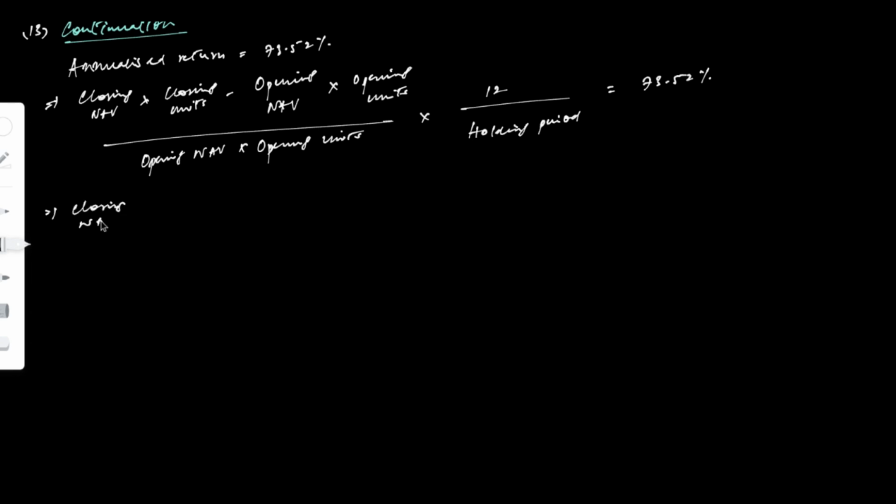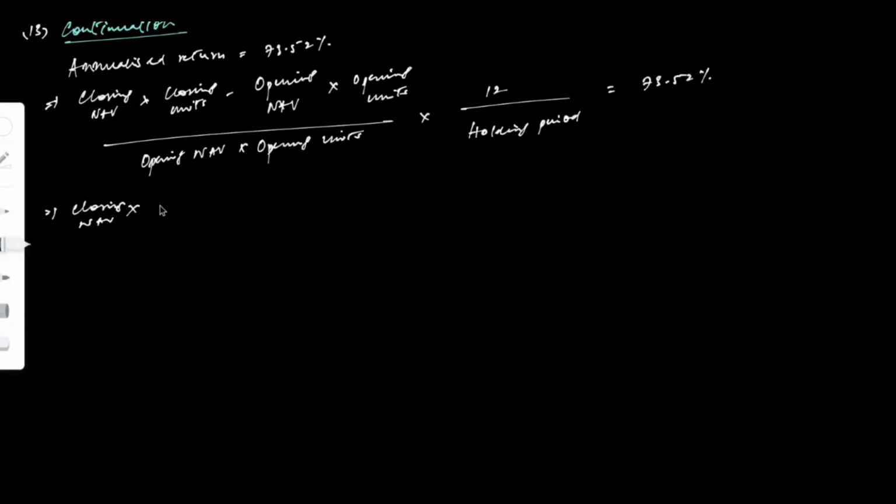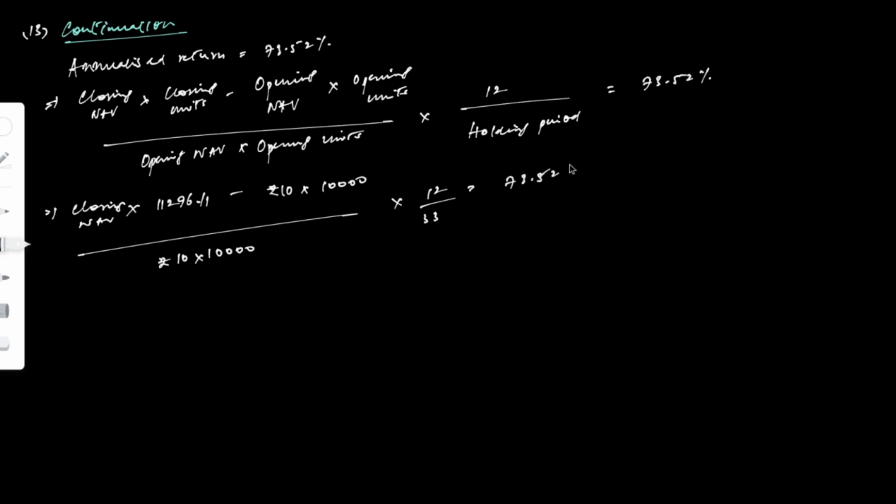Closing NAV into closing units, which is 11,296.11, minus opening NAV rupees 10 into 10,000, divided by rupees 10 into 10,000, into 12 by 33 is 73.52%, right?